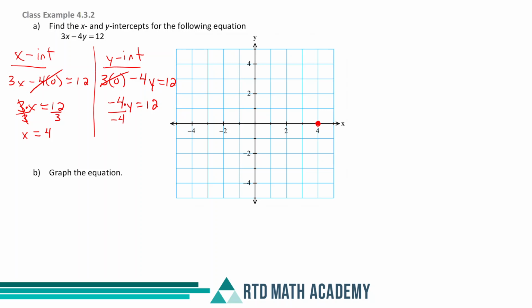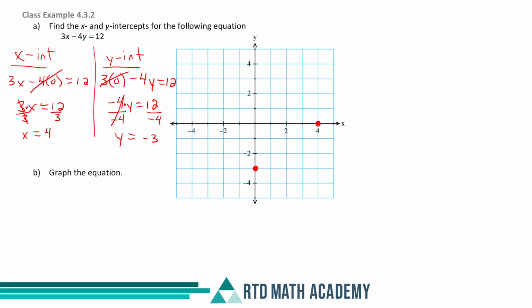Negative 4 divided by negative 4 is positive 1, so that cancels it. But whatever you do to one side, you have to do the other. So those cancel, and now we have y is equal to 12 divided by negative 4, which is negative 3. What does that mean? That means we have a y-intercept at negative 3.